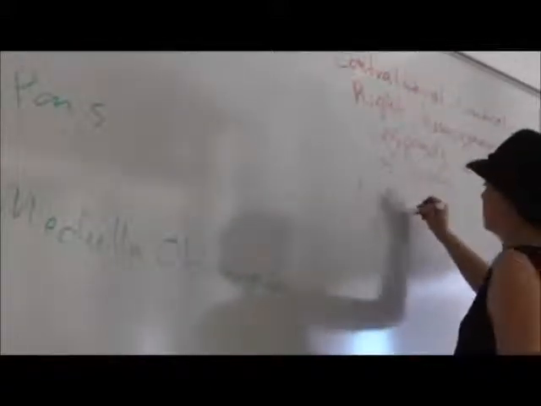Your left hemisphere controls and responds to the right side of your body. If on the test I ask you to identify, okay, what is A and what's its function, then I would want you to say that is your left precentral gyrus and its function is to initiate motor commands that will be carried out in the right side of the body.